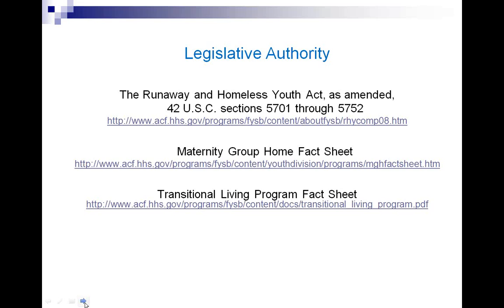The FYSB started funding these programs as far as transitional living programs in 1990, and as of 2009, they funded 208 transitional living programs and an additional 38 maternity group homes under this authority, with a total of nearly $40 million across the country going to these programs.